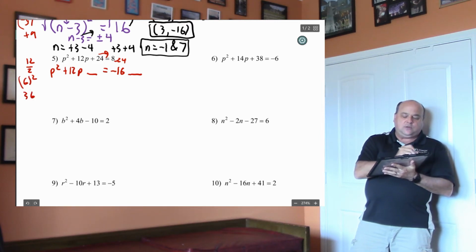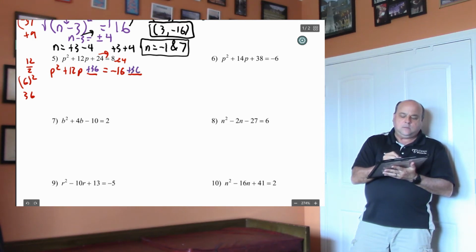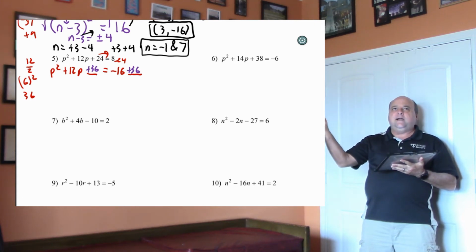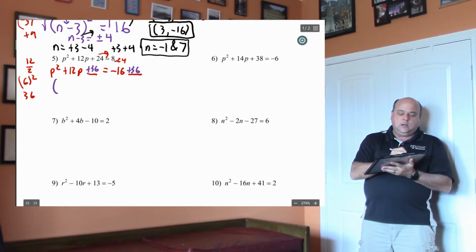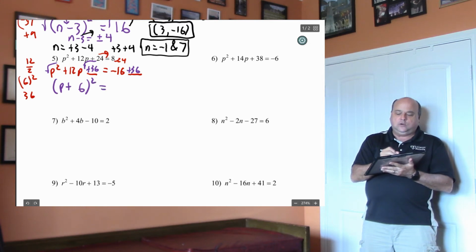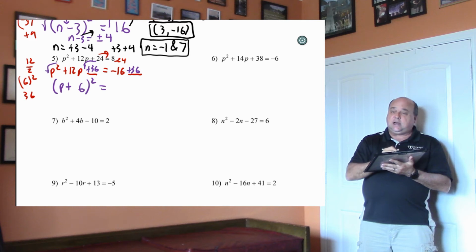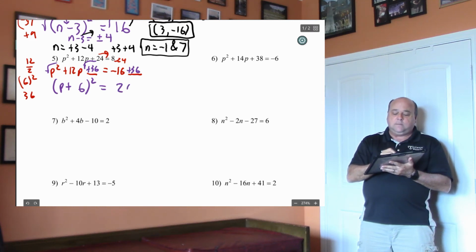So I'm going to add 36 to both sides. Now then, the part on the left will factor to a perfect square. So the square root of p squared is p, the square root of 36 is 6, and the plus drops. Equals 36 minus 16. Notice this is not going to work, is it? It's going to be 20.